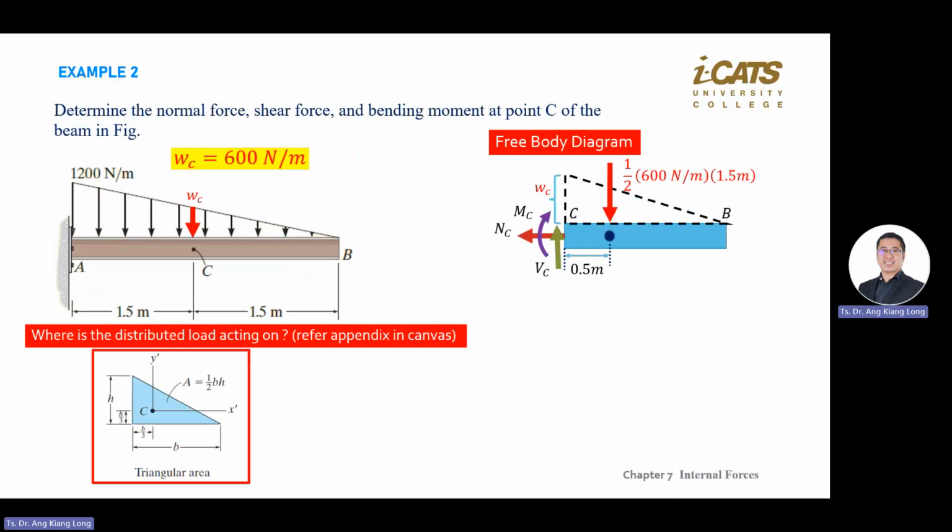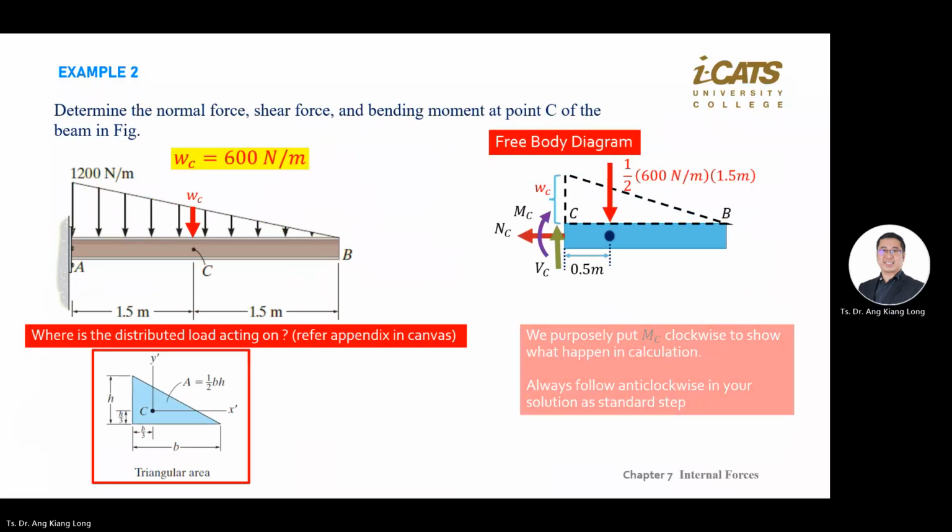So what's the next step? One, you have the moment diagram already. This one, you are clear already. So here I just have a test. If you refer to my notes, MC should be anti-clockwise, right?